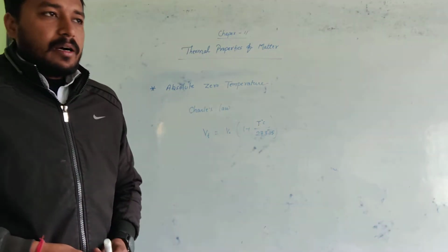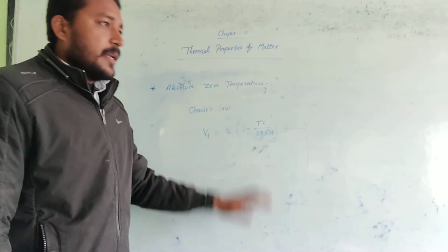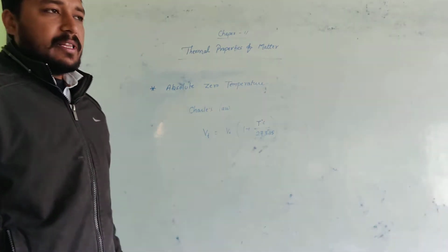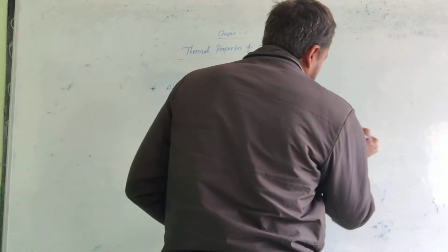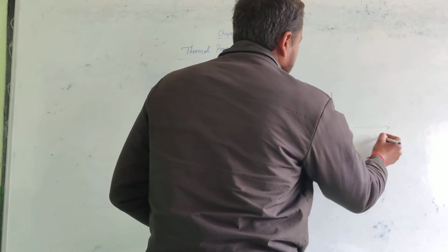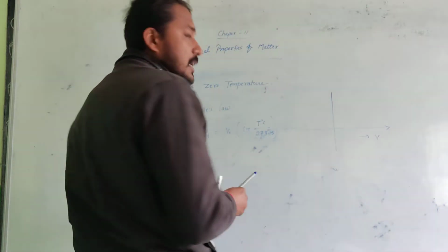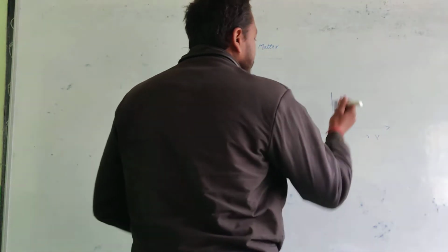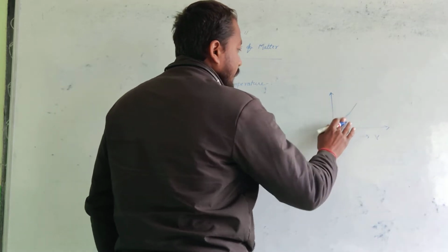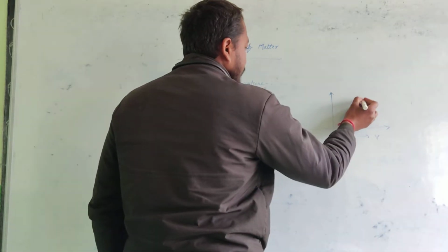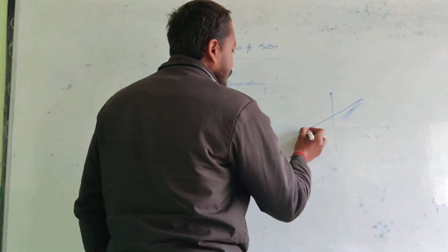Now the graph between the temperature and volume will be a straight line because it is directly proportional, a straight line in decreasing manner, right?